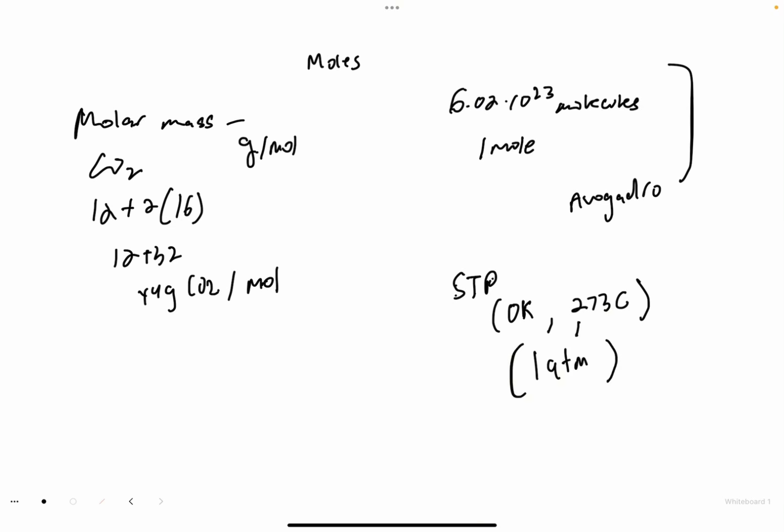So these have to both apply. And when you're given a volume, this is where you can use 22.4 liters. That is going to be equal to 1 mole. And this is only the case when you're at STP, standard temperature and pressure.